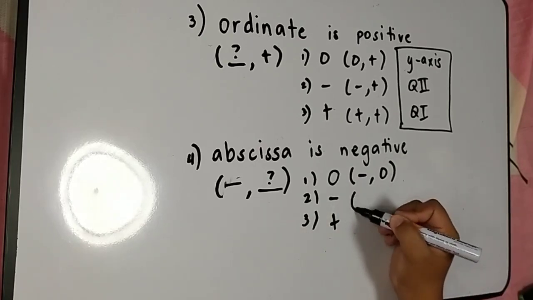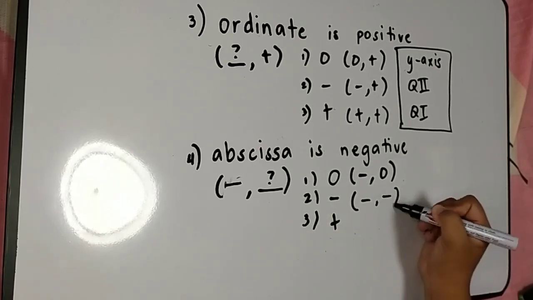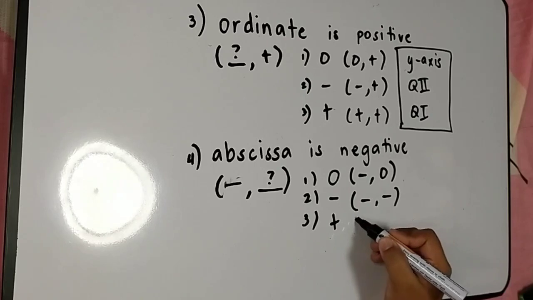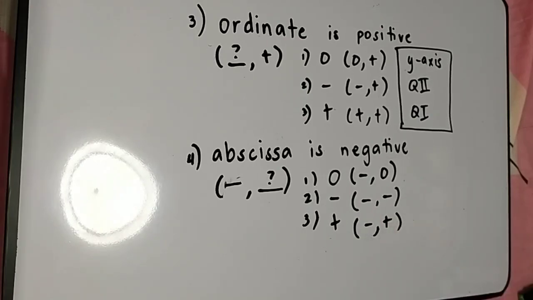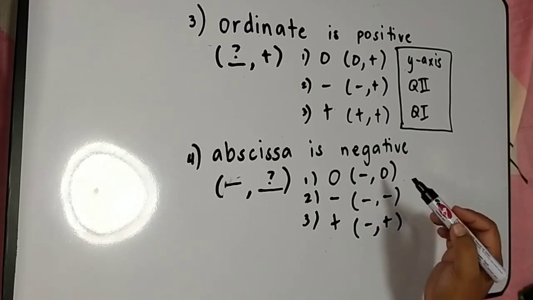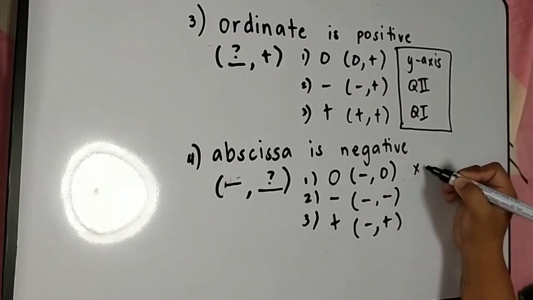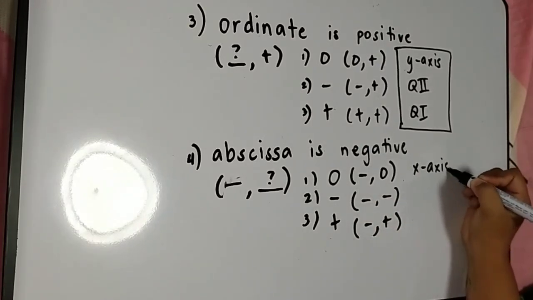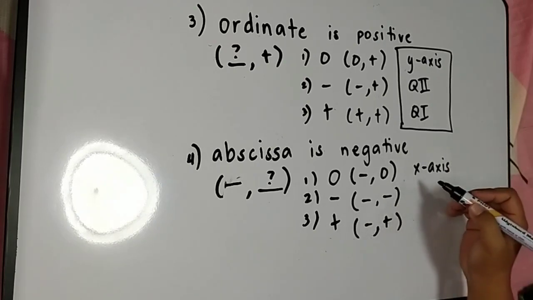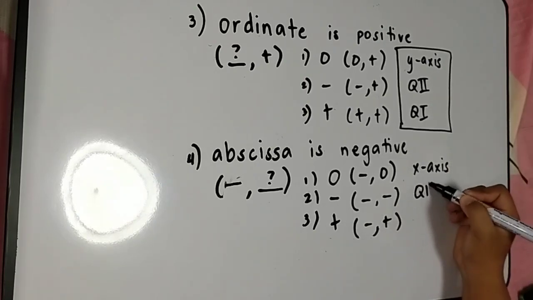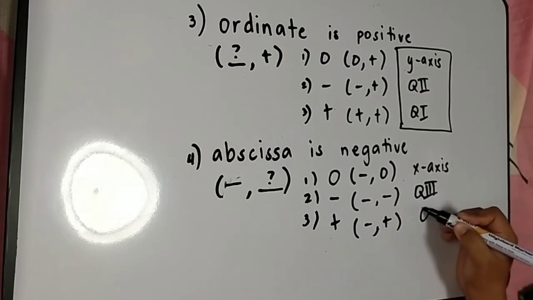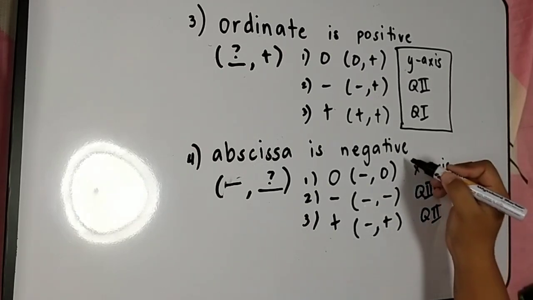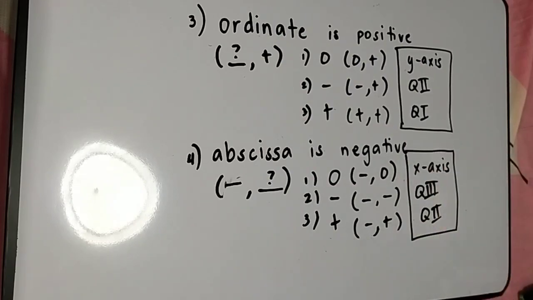Kapag negative si y, you have here negative, negative. Kapag positive si y, you have there negative, positive. Then, locations. So, negative, 0, si x lang yung may value, x-axis. Negative, negative, so that is quadrant 3. Negative, positive, quadrant 2. So, ito yung mga possible locations.